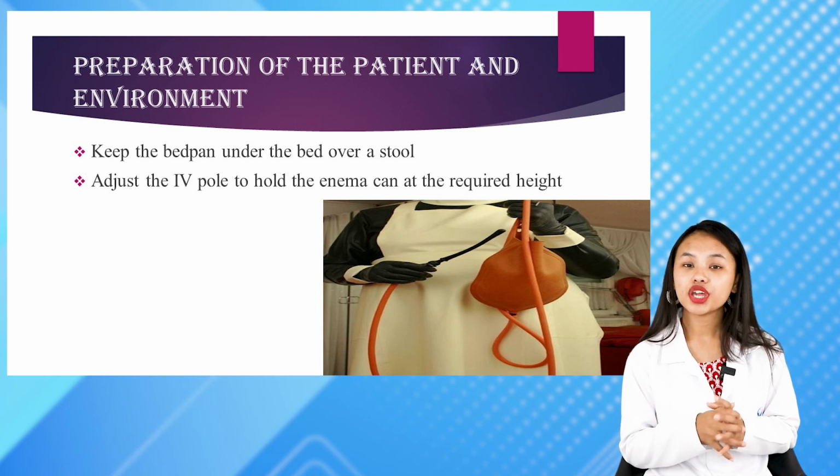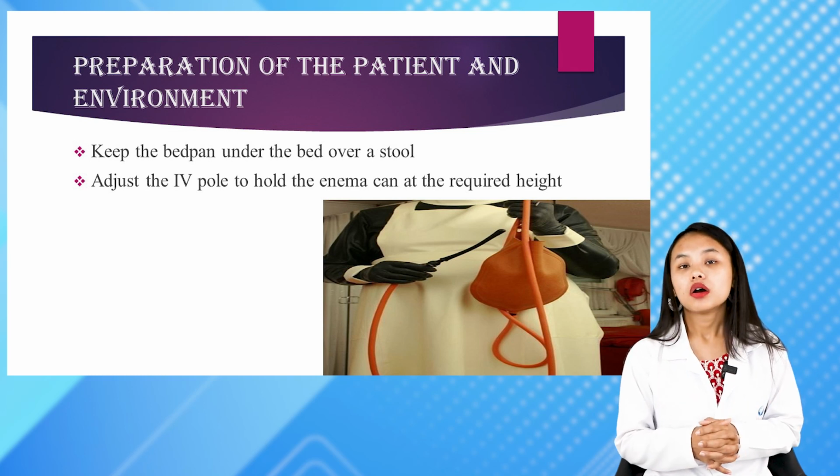So this is what you as a nurse must do in order to prepare the patient as well as the environment. And since I have told you that you must collect all the articles and place them at the patient's bedside, let us see what articles will be required for this procedure.